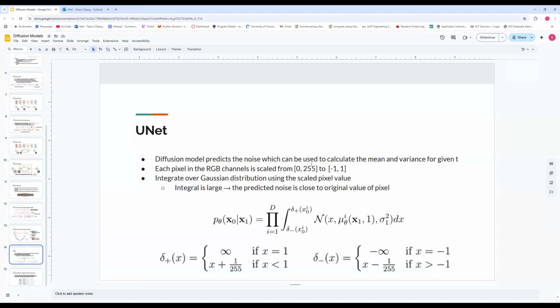If this integral is very large, that means the probabilities or the predicted noise that you have is very close to the original values of the pixel. So the noise that you've predicted is somewhat close to the actual noise that was added in the forward process. This is how the training, or the model, knows if you're going to a state that's more likely to transition to other states that eventually get to the true data sample.